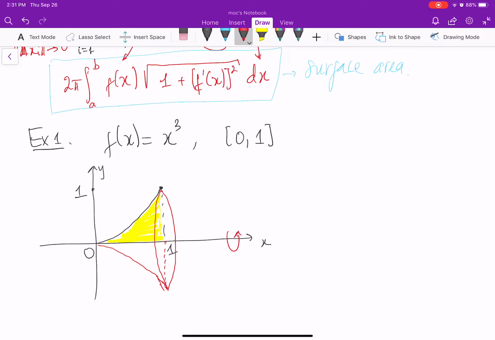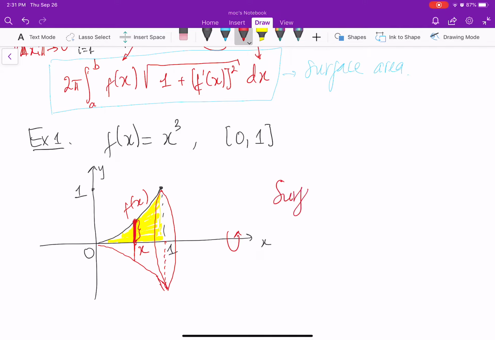All right, now I will start from the beginning. So I will take some cutting here. Suppose that is x, and that is f of x, and that is the radius. So the radius again equals f of x.